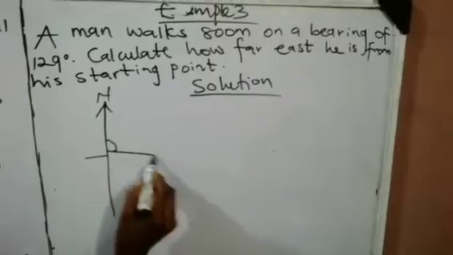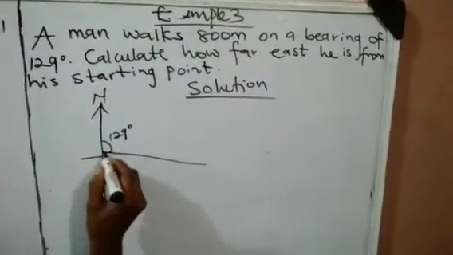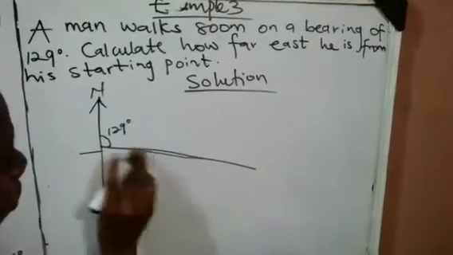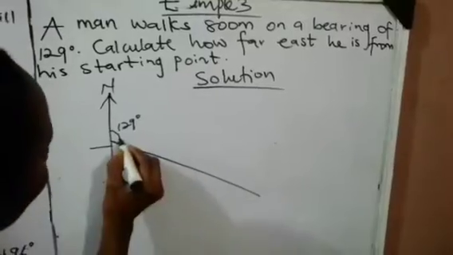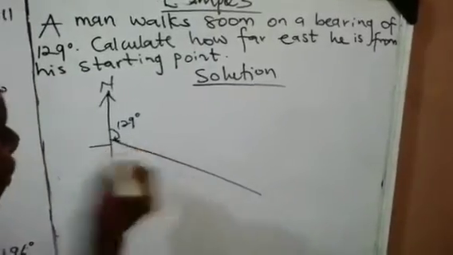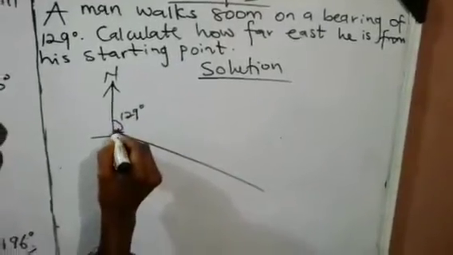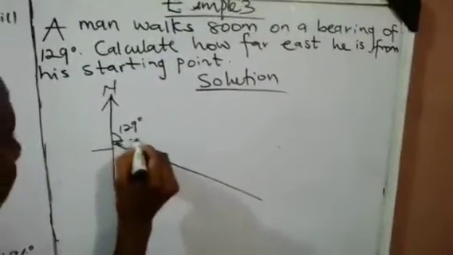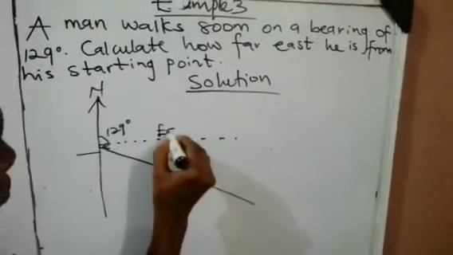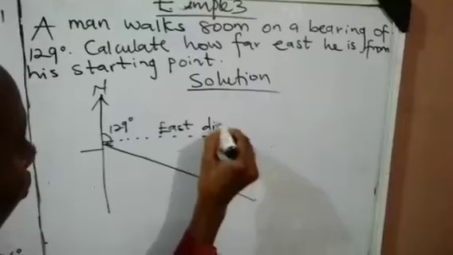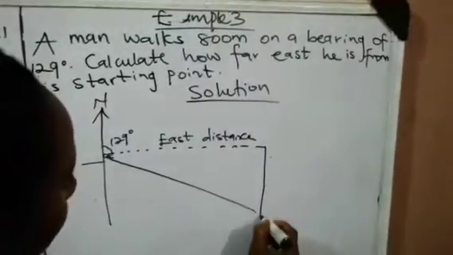I think from here to here should be our 129 degrees. I have something like this. These are arrows. From here to here should be 129 degrees. Then this dotted line should be our east distance, because that's what we are looking for.